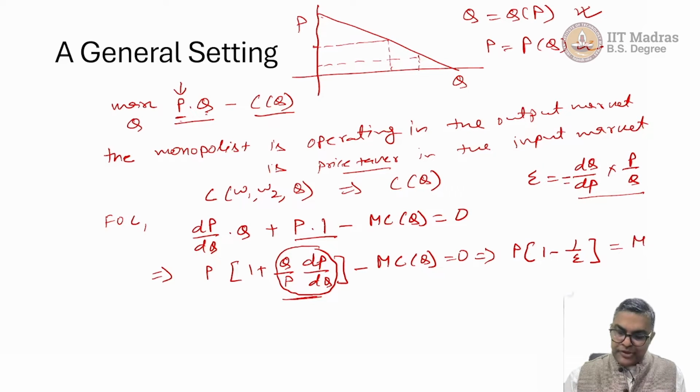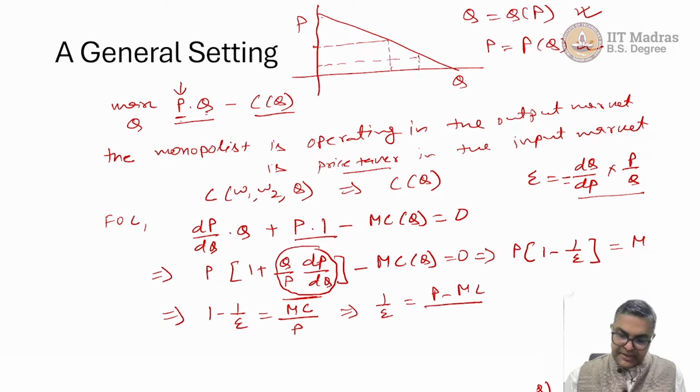I can also keep on writing here that MC is a function of Q if MC is changing. Further, I can write that 1 minus 1 by epsilon is nothing but MC by P. And further, 1 by epsilon is nothing but (P minus MC) by P. What are we getting here? This is the criterion for profit maximization for the monopolist. This is the price elasticity of demand, so this is coming from the demand side.